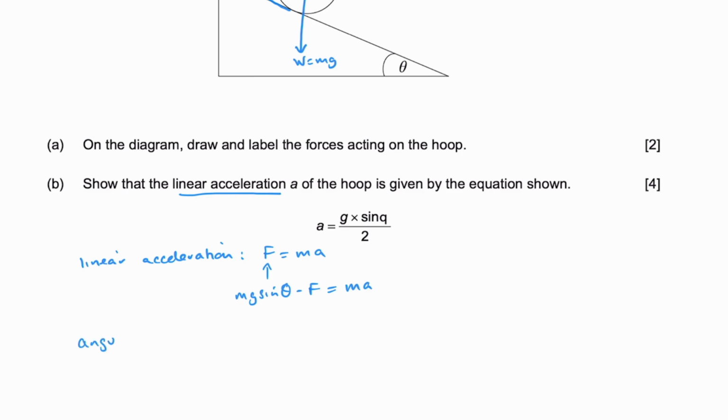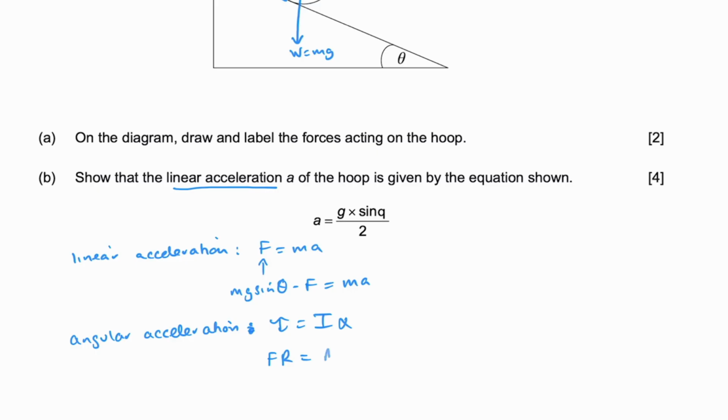Angular acceleration. The torque provided on this hoop is provided by the frictional force because it's the only one that acts a distance away from the axis. So for the angular acceleration, the expression we want to use is tau equals I alpha. Tau is the torque, which is Fr equals I alpha. I given before was mr squared.